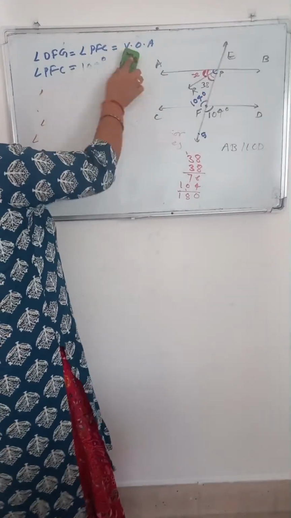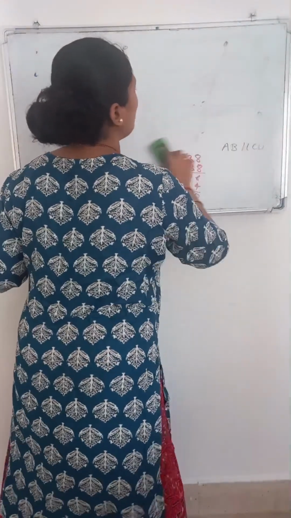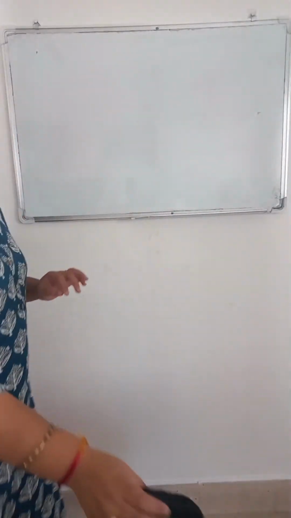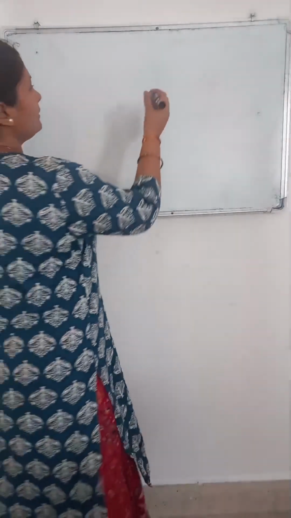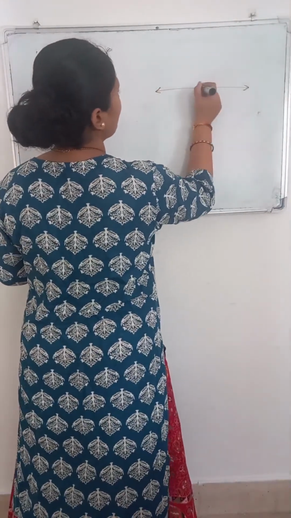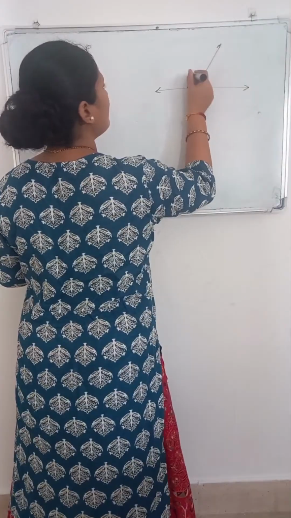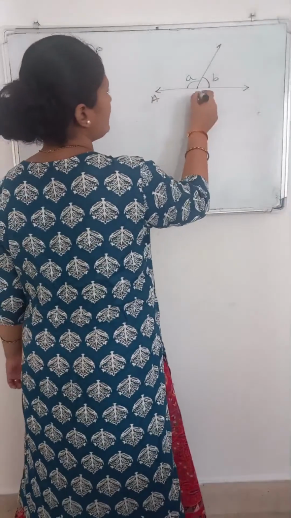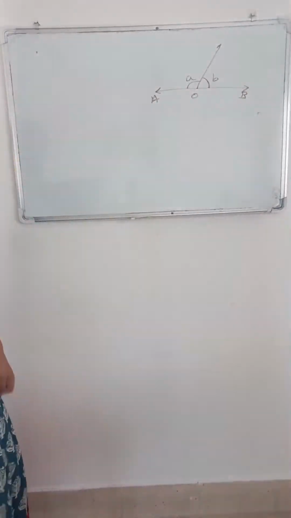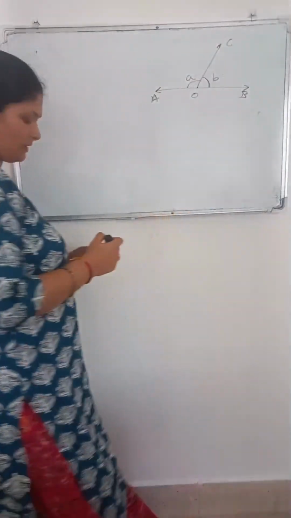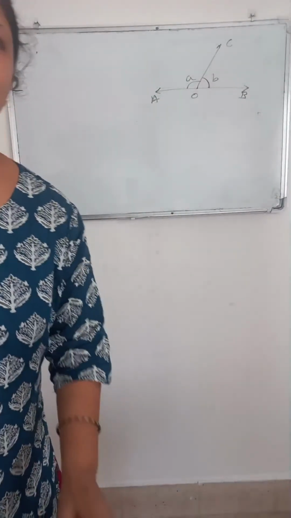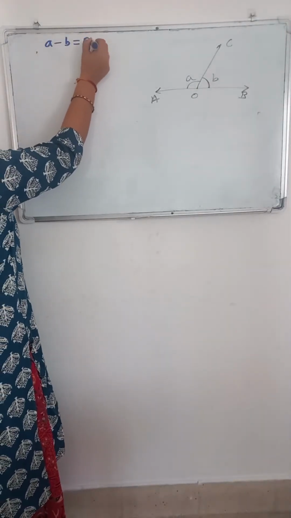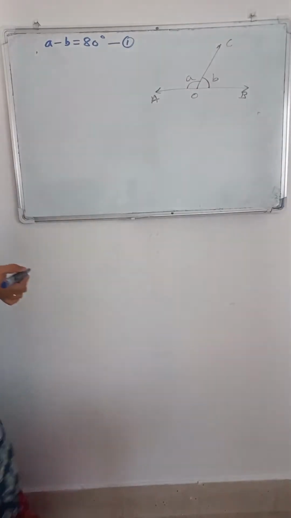Okay, so I will draw the figure. I hope you all are copying and you are getting these questions. This is AOB, the straight line, and this is given C. In the question itself it is given that A minus B is equal to 80 degrees, so you can take that as equation number 1.